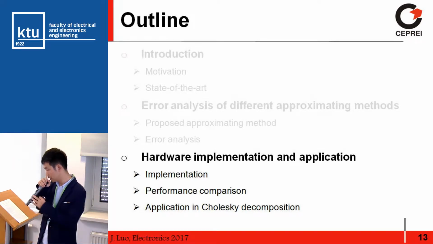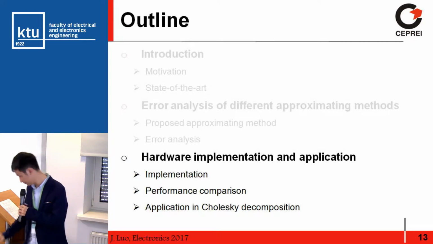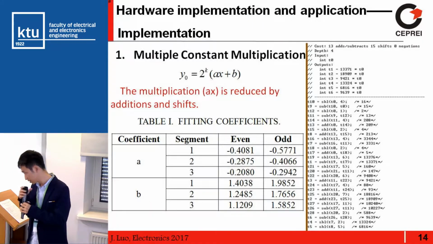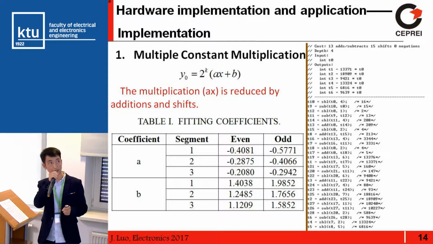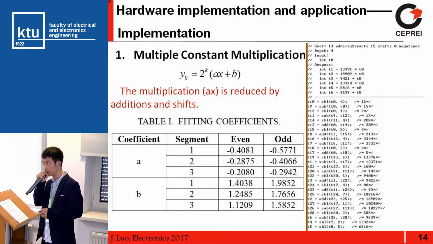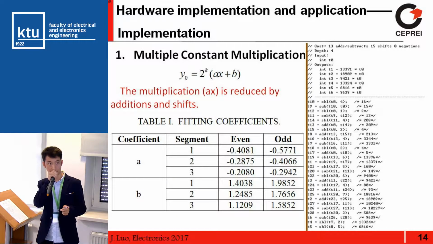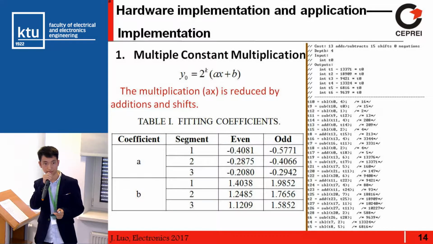Finally, we will go to the hardware implementation. In our project, we have used the multiple constant multiplication technology, which reduces the hardware cost by eliminating some multipliers. This means using additions and shifts to implement multiplication.